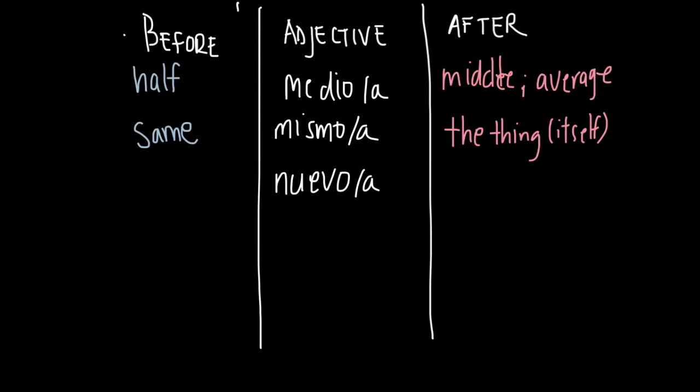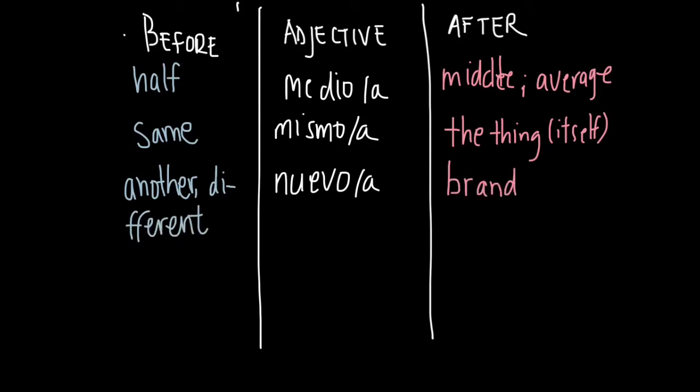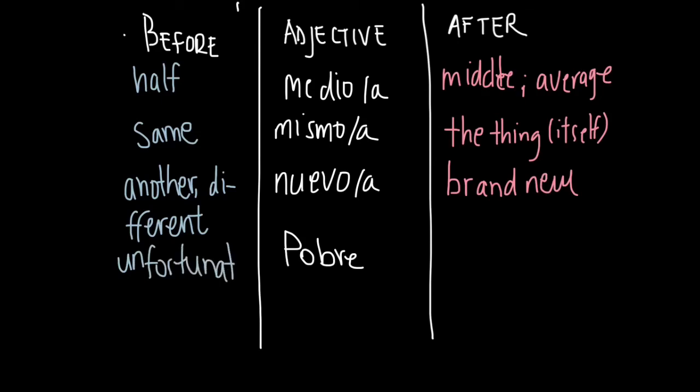Nuevo, nueva means another before a noun or different, and means brand new after the noun. Pobre means unfortunate before a noun, and poor after a noun.